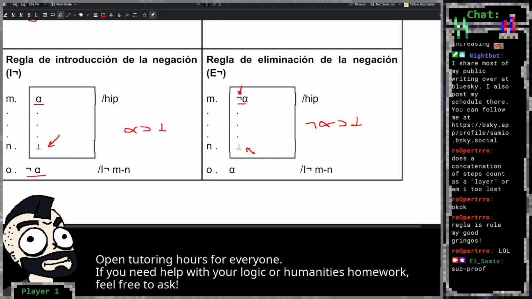Now that we have a full set of rules, let's do a couple of exercises that are actually interesting.